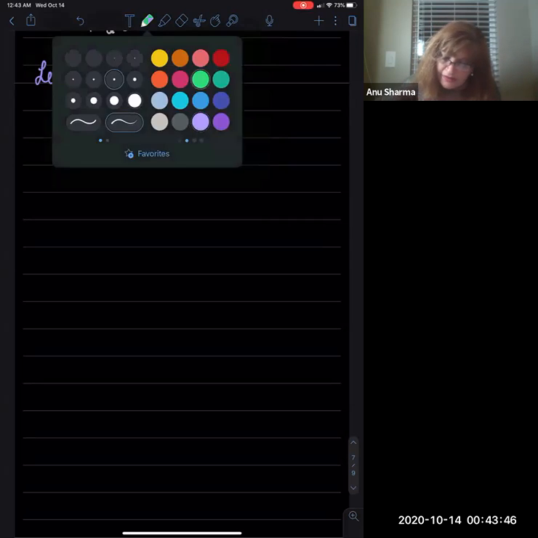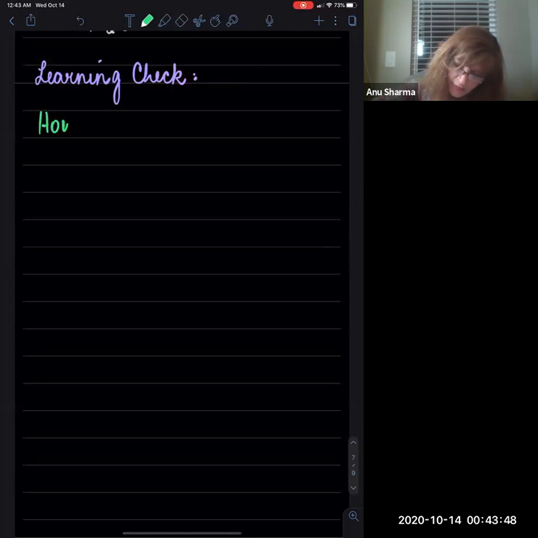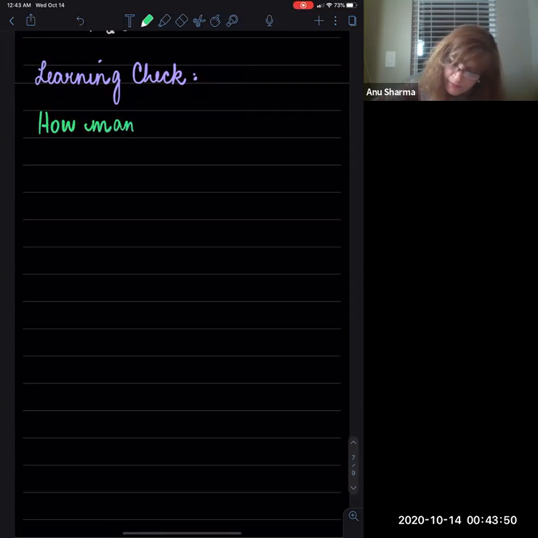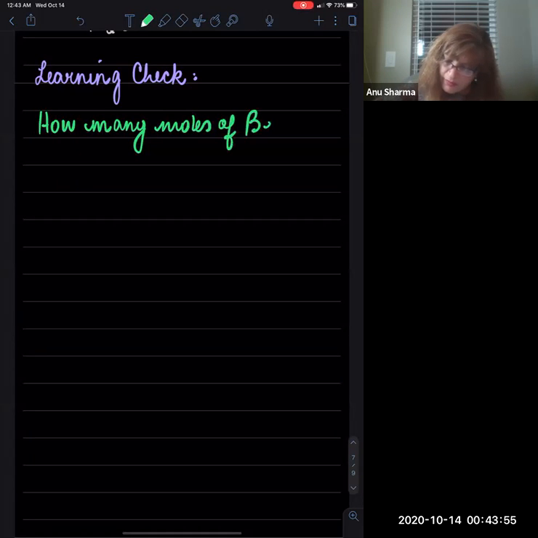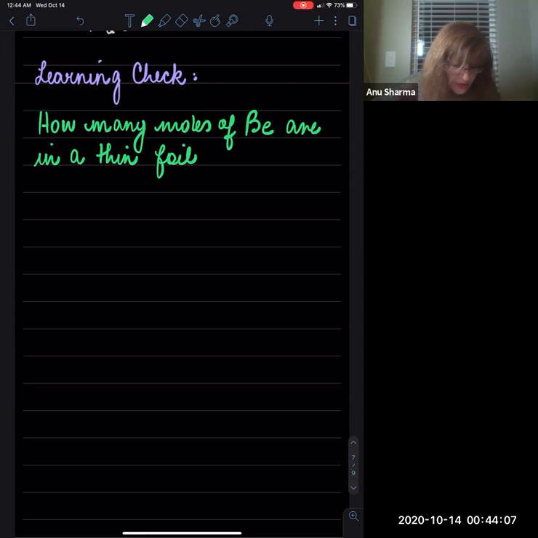The question is asking how many moles of beryllium are in a thin foil weighing 3.24 grams.